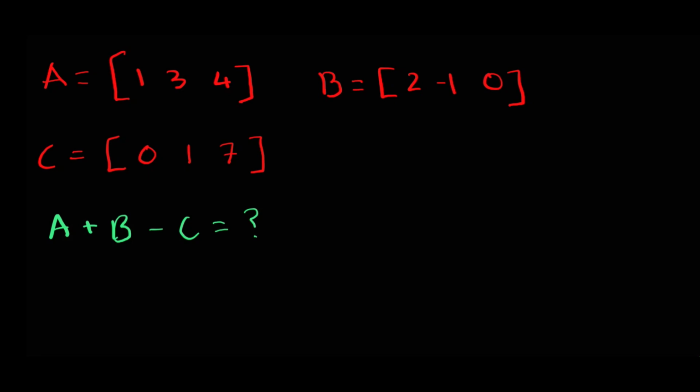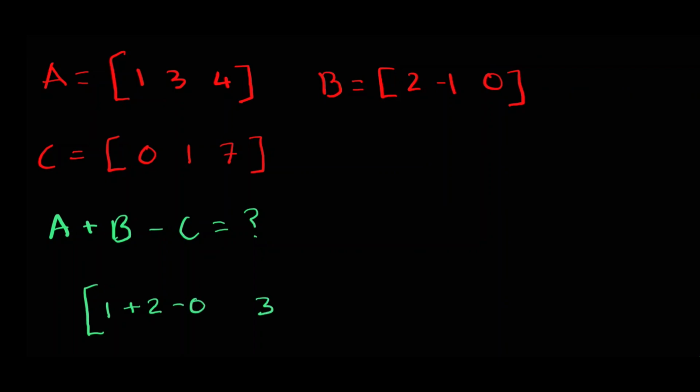Alright, here's one final question. So here we have 3 1 by 3 matrices, A, B, and C. What would A plus B minus C be? Well, it's exactly the same process as before. So for each position, we're just going to do the element in A plus the corresponding element in B minus the corresponding element in C. So for the first entry, that's going to be 1 plus 2 minus 0.